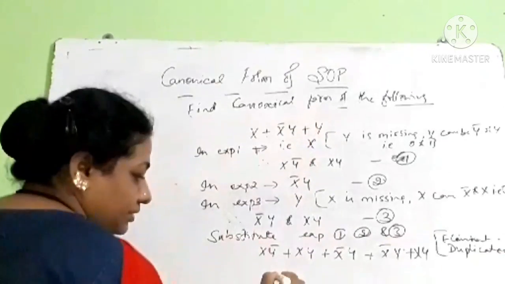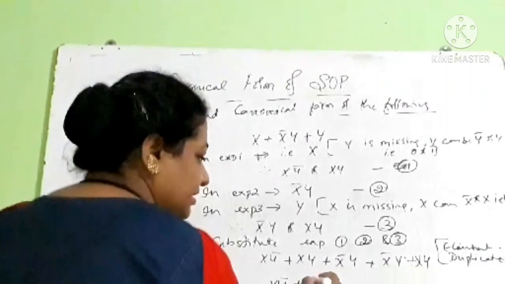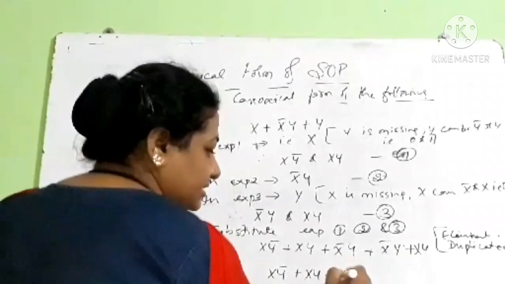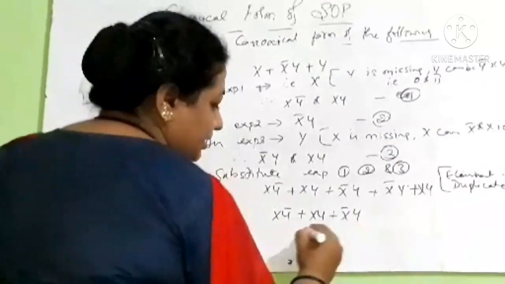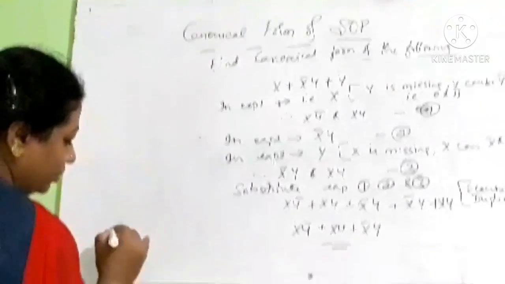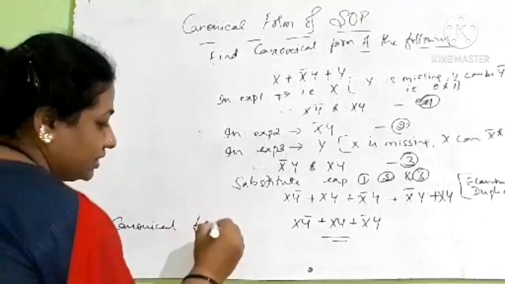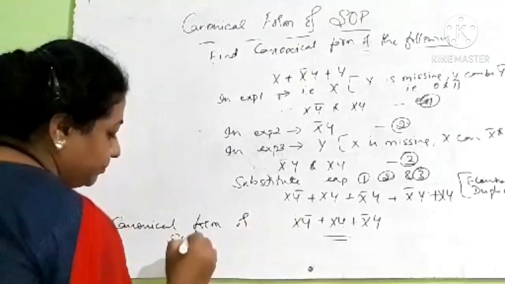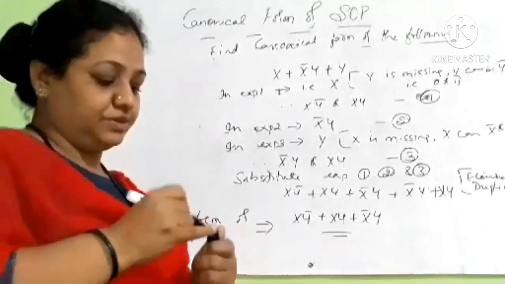After eliminating, we will be getting x y bar plus xy plus x bar y. X bar y is already here, xy is also here. So this is the canonical form of SOP, that is sum of the products expression.